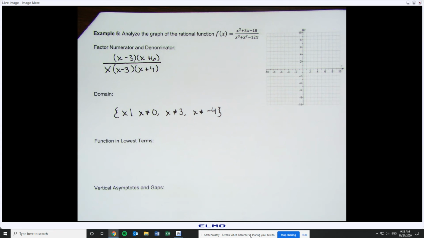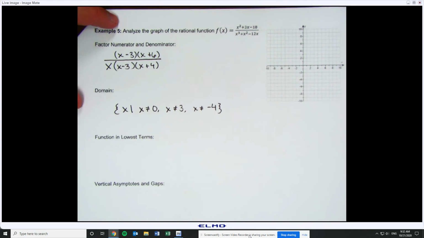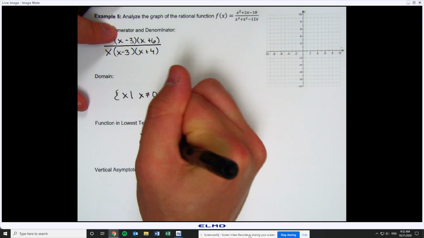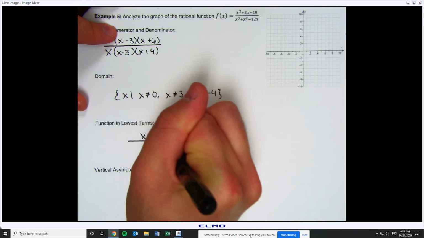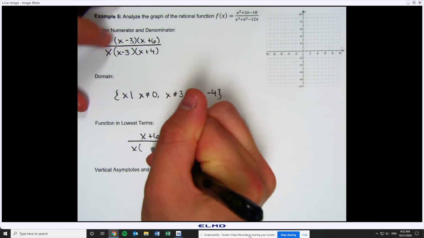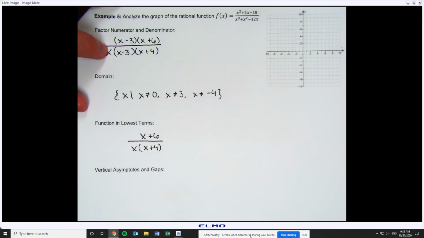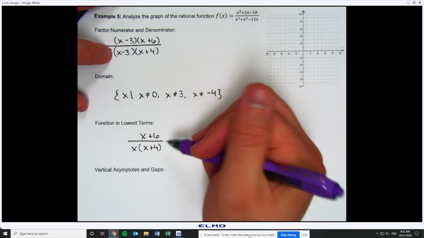Nothing else to do. Now for the lowest terms, I see that the factor x minus 3 can be taken out of both. So I have x plus 6 divided by x, and then x plus 4. Done.